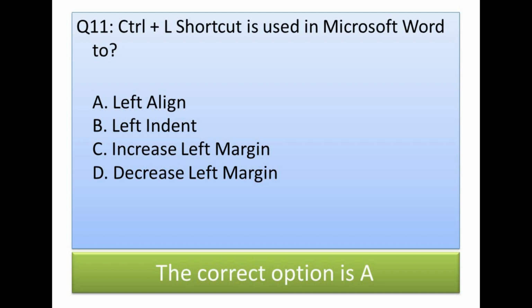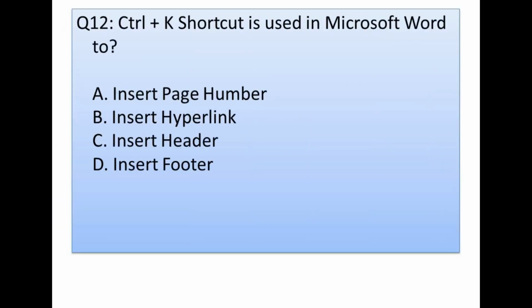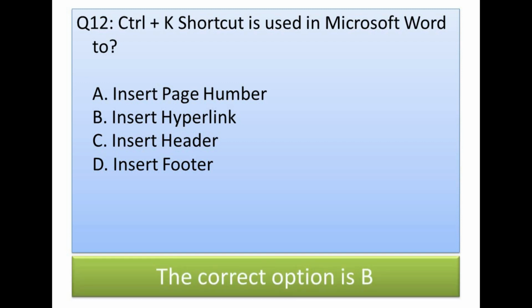Correct option is A. Ctrl+K shortcut key is used in Microsoft Word to insert page number, insert hyperlink, insert header, insert footer. So the correct option is B.